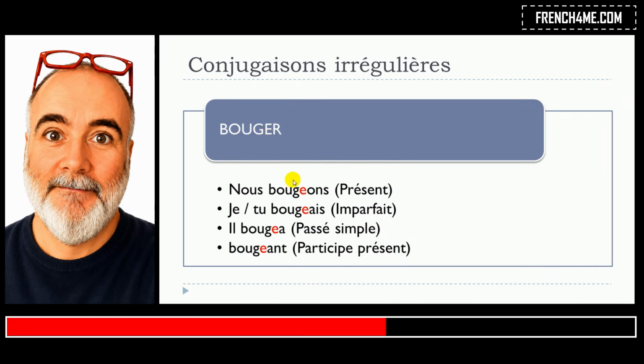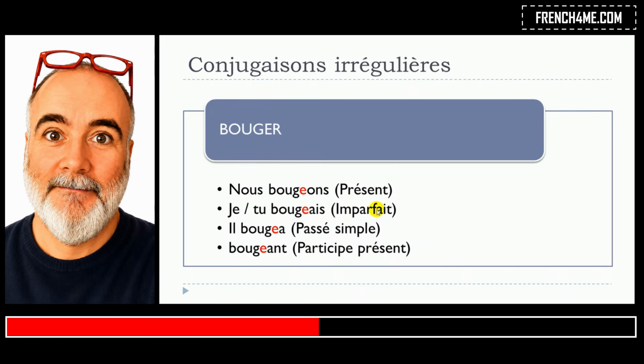So ge and je, all right? So the only possibility that we've got to make this phonetical connection with the infinitive is by adding this E here, okay? And so when you put this here, you will get the sound bougeons, okay? And in that case, you know what verb we are talking about. Nous bougeons, all right? So it's only this nous form that will be affected at the present tense.